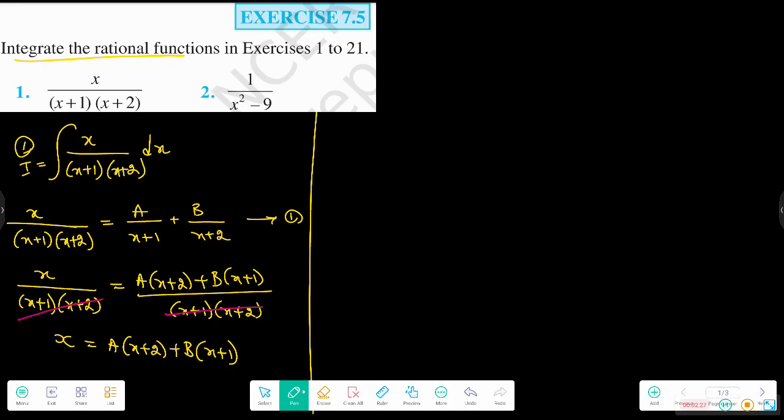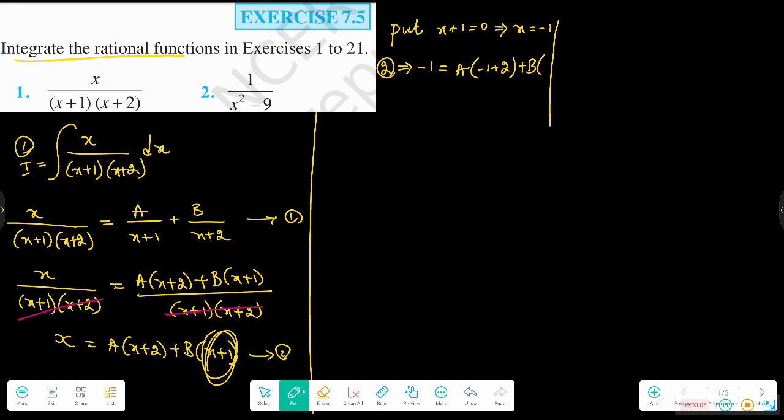Now put first x + 1 = 0, then this implies x = -1. Take this as equation 2. On the left-hand side, instead of x I am giving -1, which is equal to A(x + 2), so -1 + 2, plus B(x + 1).